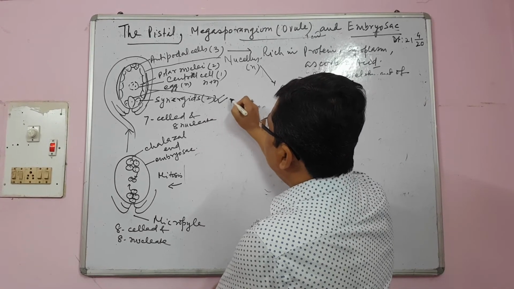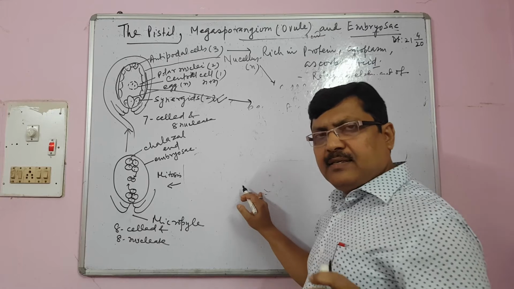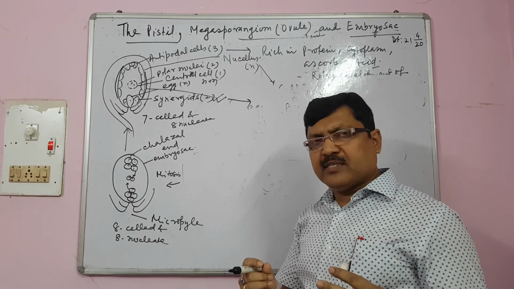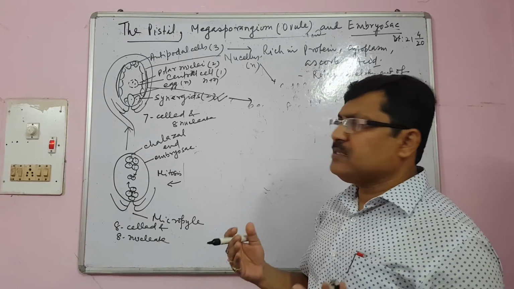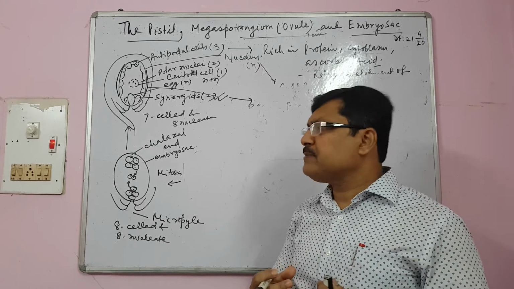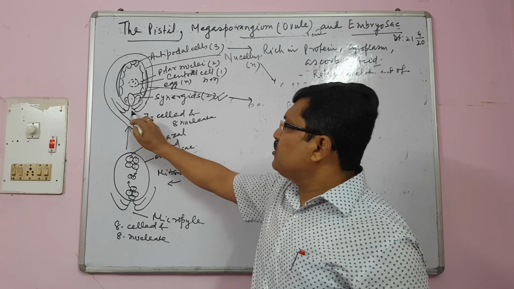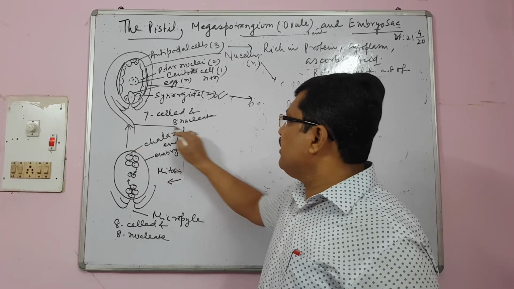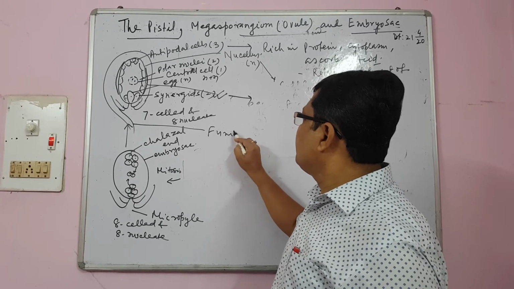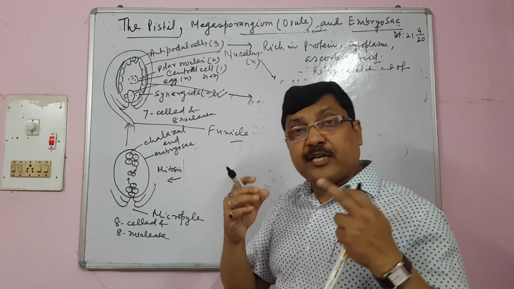This one is the synergids. Synergids have the filiform apparatus, which helps in the entry of the pollen tube. This is the basic role of the synergids. And this one is the micropyle through which the pollen tube enters. This is the funicle, the stalk of the ovule.